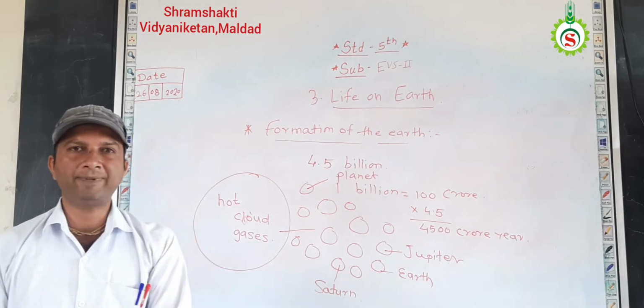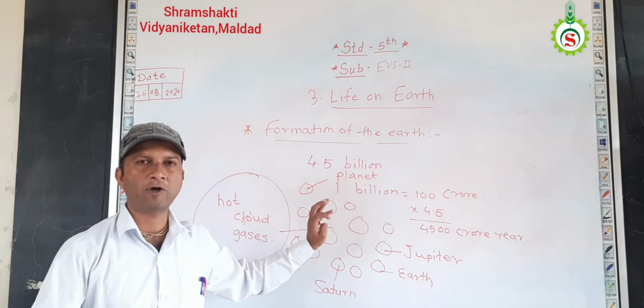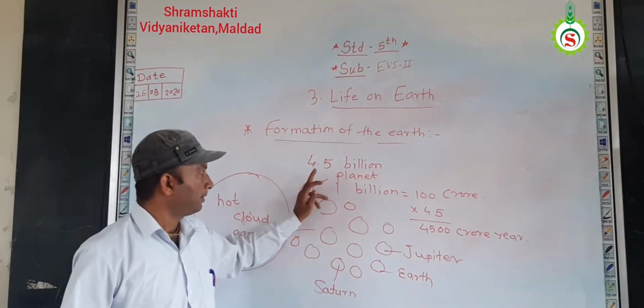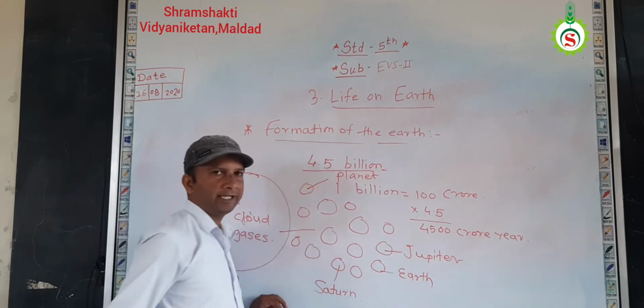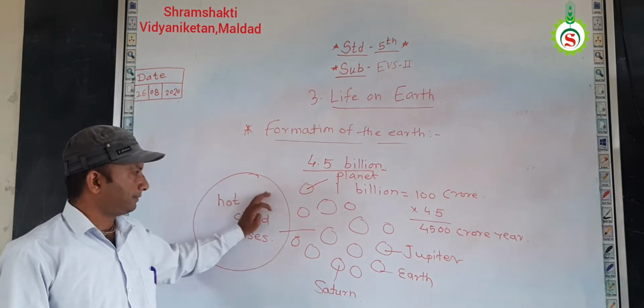So these 8 planets along with the sun were formed in this way. So Earth is formed 4.5 billion years ago, by the method I have explained.